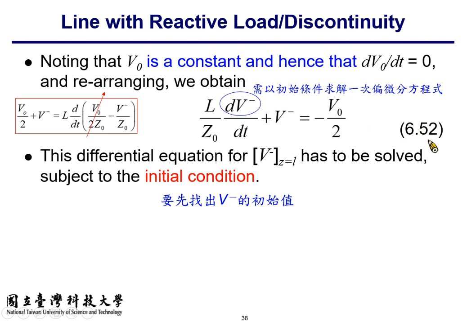So equation 6.52 is a first order differential equation. It has the first derivative of the V minus signal, and the V minus signal without taking any derivative. So this is the first order derivative, this is the zeroth order, and to the right is a constant.